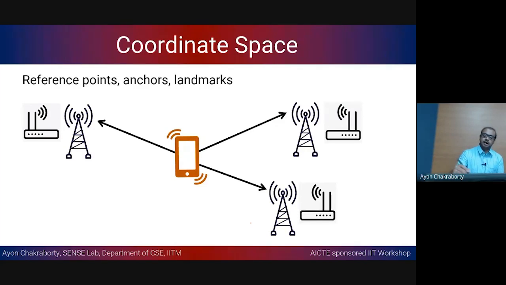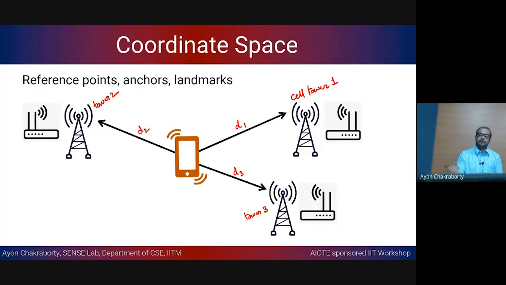Suppose your phone is associated to a certain cell tower, okay, and based on my associations with different cell towers, let's say this is tower 1, this is tower number 2, and this is tower number 3, right? So based on my associations with these different cell towers, and maybe other things like the signal strength that I am receiving from the cell towers, or trying to estimate the distance of my mobile phone from the cell towers, right, I could figure out my location. Okay, so this is D1, this will be D2, this will be D3.